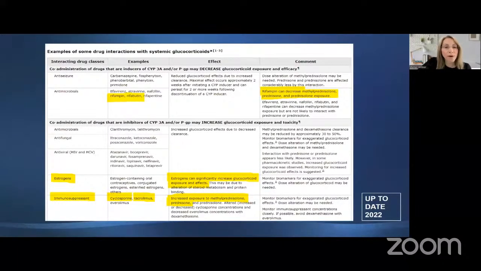What about drug interactions with systemic corticosteroids? It is important to note that antimicrobials such as rifampin and rifabutin may decrease the effect of corticosteroids. On the other hand, the use of estrogens and immunosuppressants such as cyclosporin and tacrolimus may increase the effect of glucocorticosteroids.